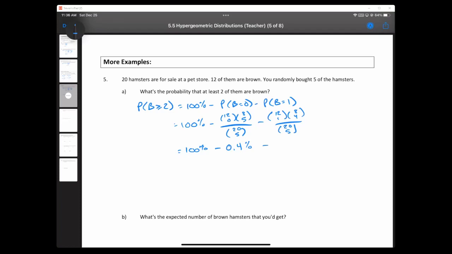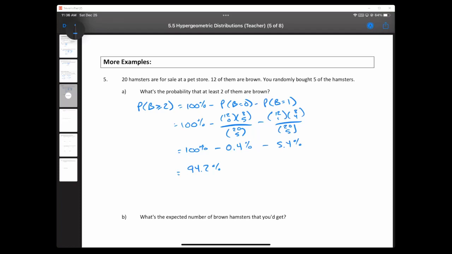And that's 5.4%. So if I put those together, that's 94.2%. So there's a pretty good chance you're going to get at least, yeah, 90%, or 94.2%. We're going to get at least 2.